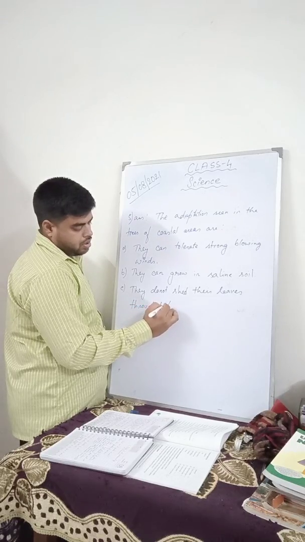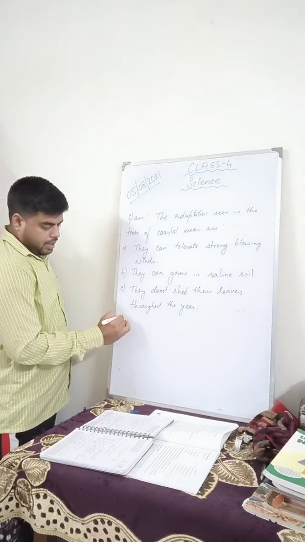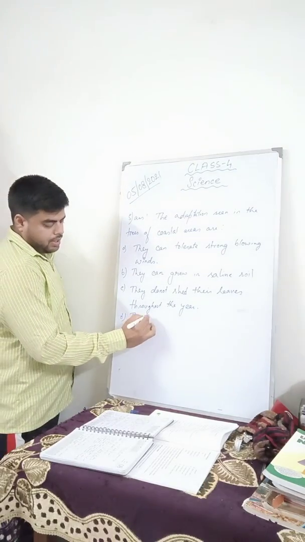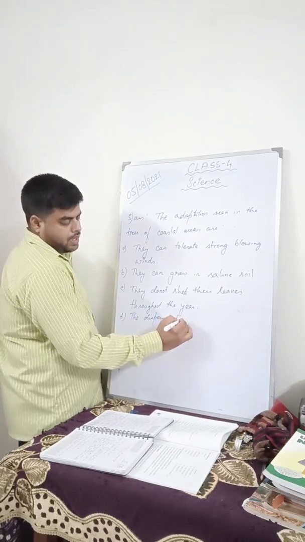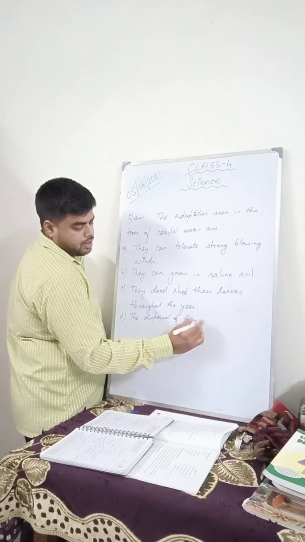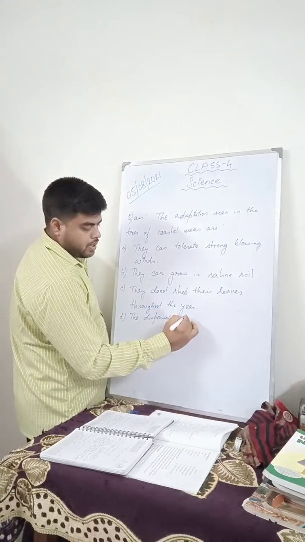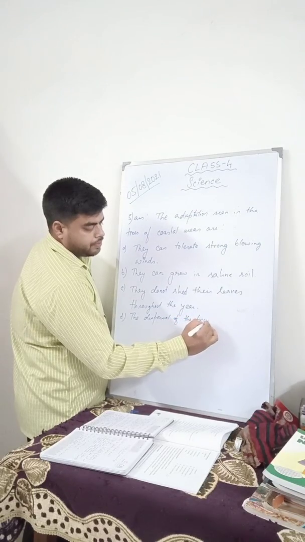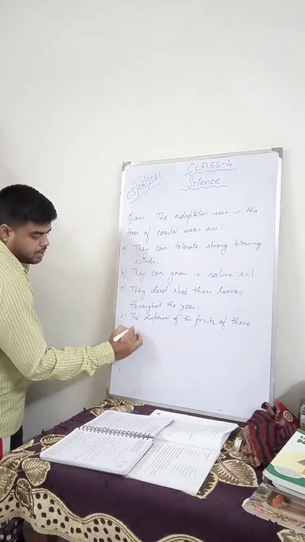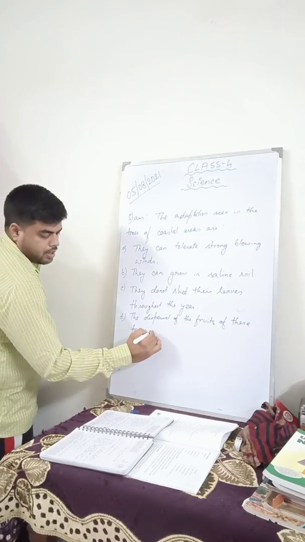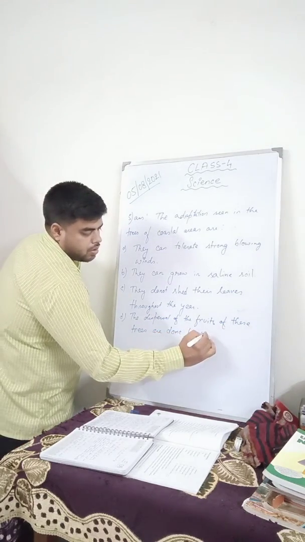And number D, the dispersal of the fruits of these trees is done by water.